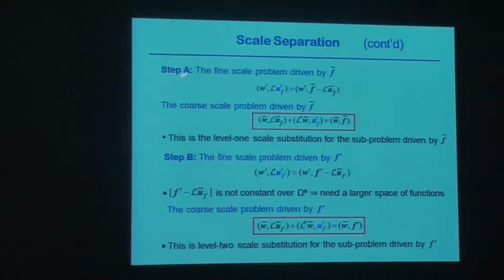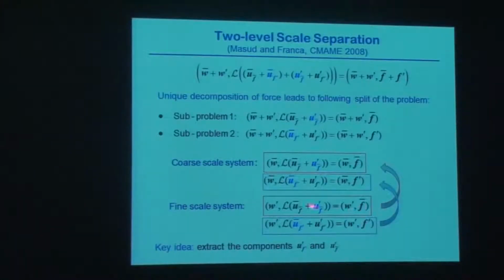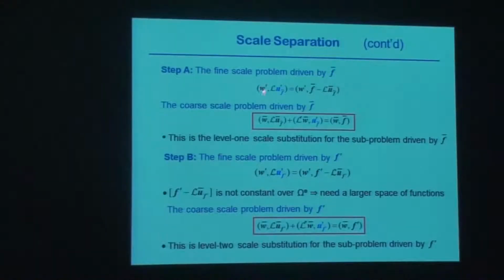So step A is, let's consider the fine scale problem driven by the coarse forcing. Let me take you back for a second. I'm talking about these red boxes: solve red box number 2 and plug it into red box number 1. So if you look at the fine scale problem driven by F bar, considering that U bar F bar is the coarse scales that we computed, and if it's a nonlinear problem, we can pull it out from the previous step, and we can write this term in a residual form.